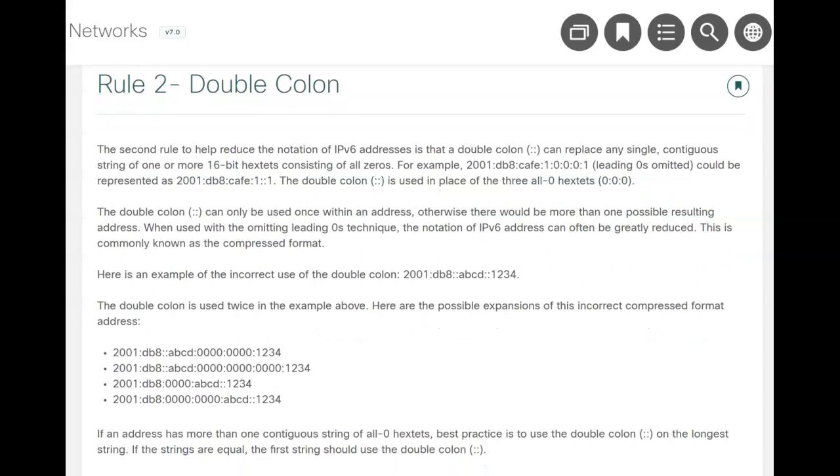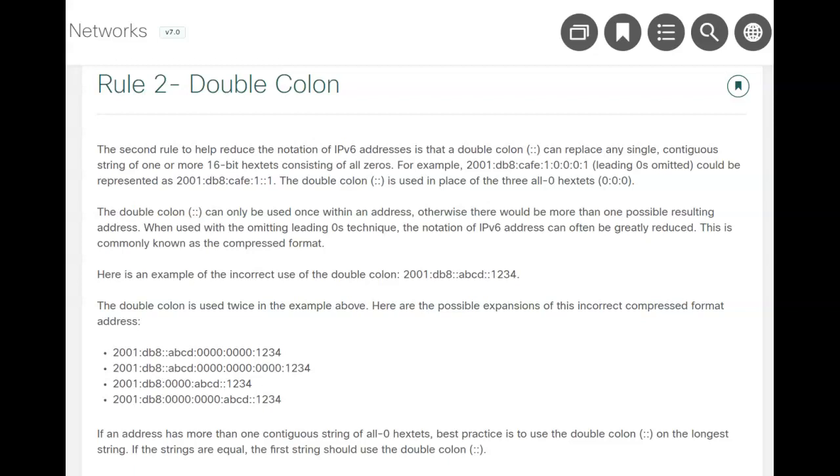The second rule helps reduce the notation in that it can replace a single contiguous string of one or more 16-bit hextets consisting of all zeros with a double colon. So in here you've got an address: 2001:DB8, so I got rid of the leading zero, then CAFE, then you've got 1, so they got rid of the zeros, it was 0001, and then you had 4 zeros, 4 zeros, 4 zeros, and then 3 leading zeros and a 1.